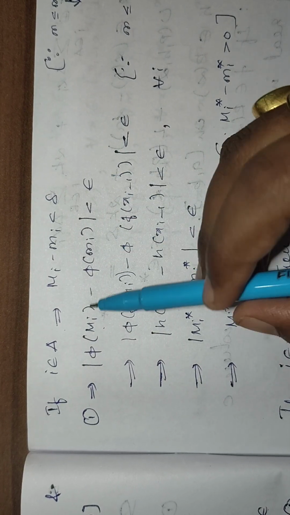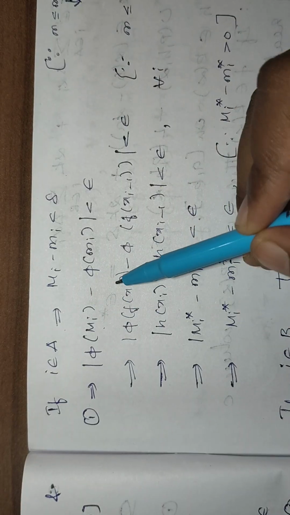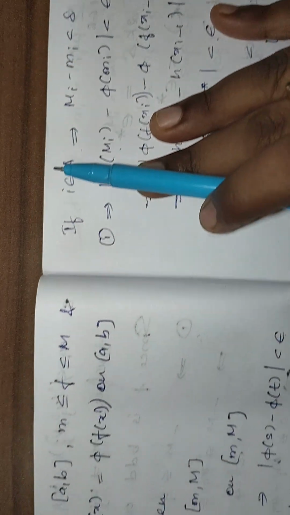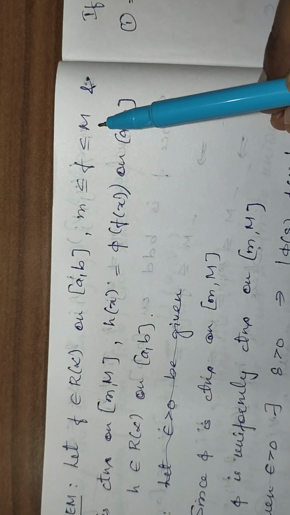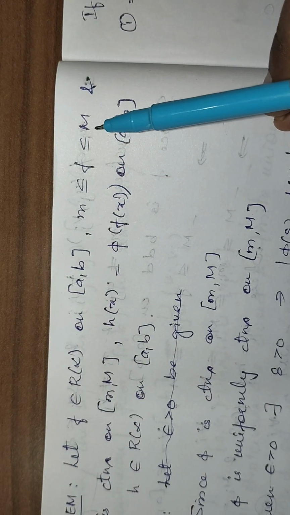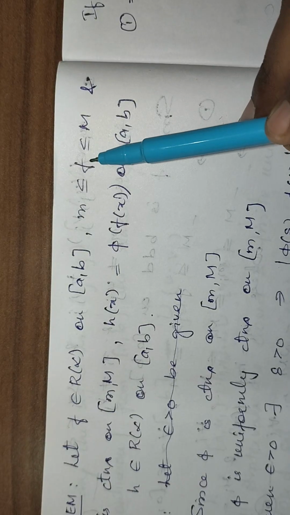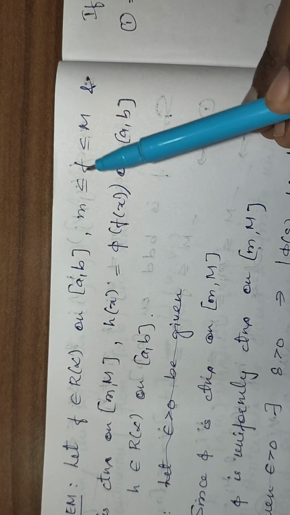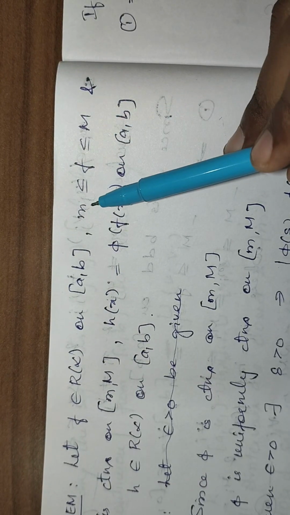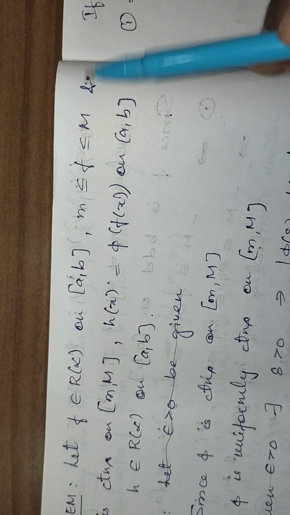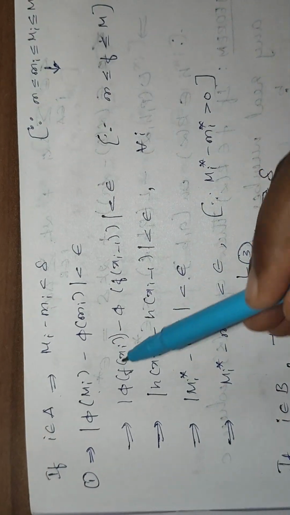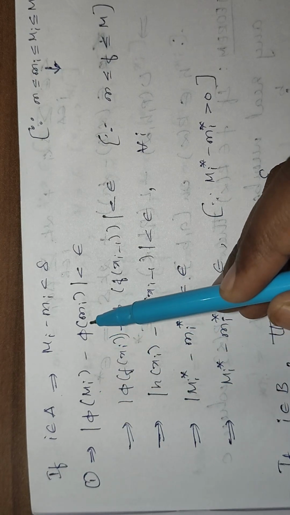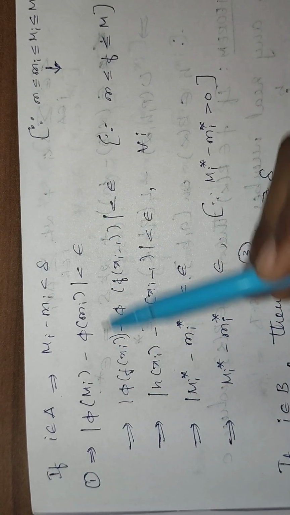Okay, and since f lies between small m and capital M, the infimum and supremum of f of each and every subinterval should also lie between these. See here, phi of capital Mi minus phi of small mi is less than epsilon.